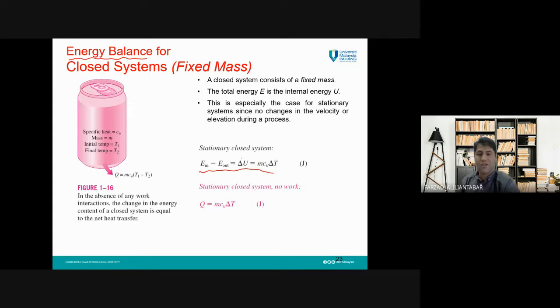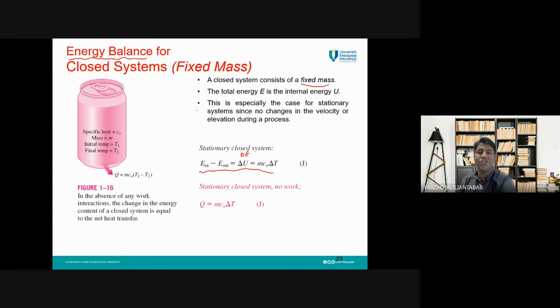Why here? If you remember, we had delta E, but why do we have only delta U here? Because, as I said, delta E means the change in all forms of energy. But here we have heat transfer and a closed system with fixed mass.